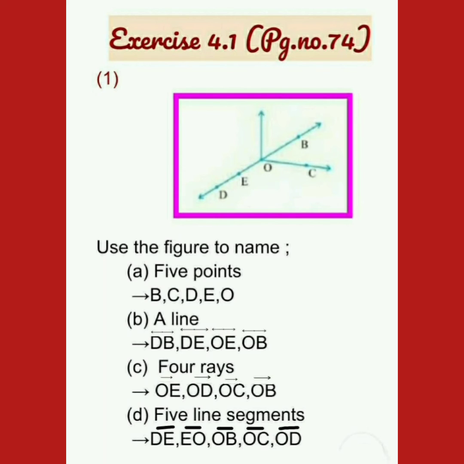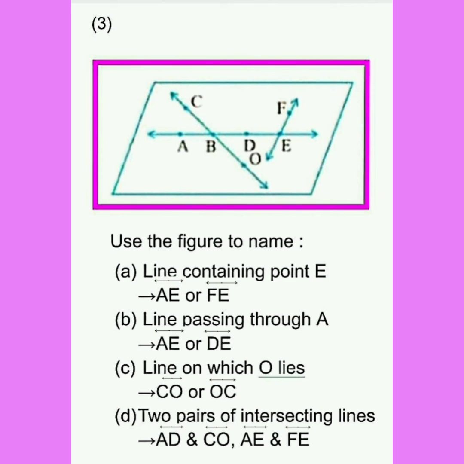Now question number 3. Use the figure to name the line containing point E. Point E lies on AE or FE. There are many answers. You can write any one. Line passing through A, we can write AE or DE.